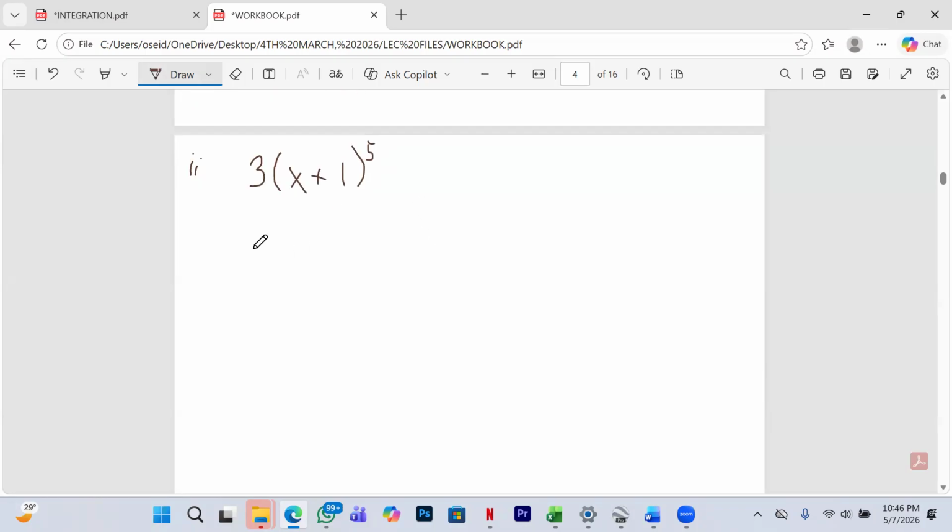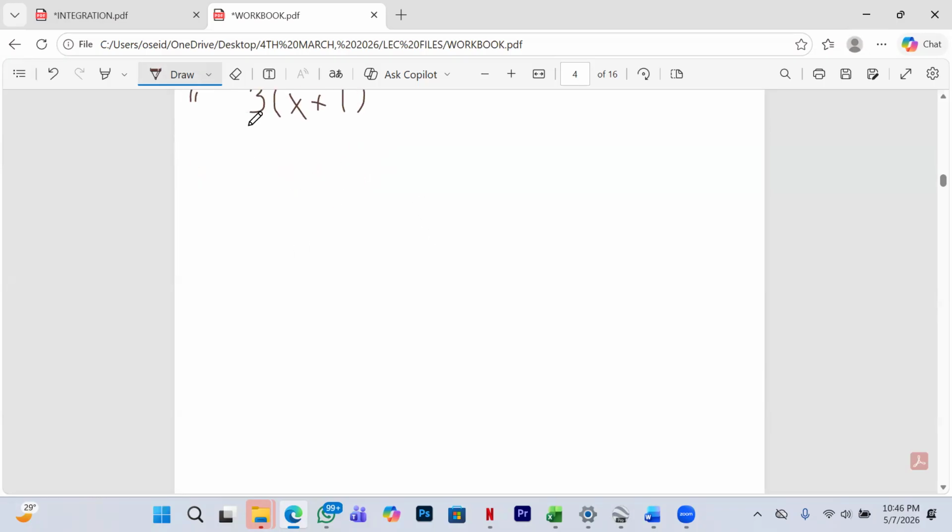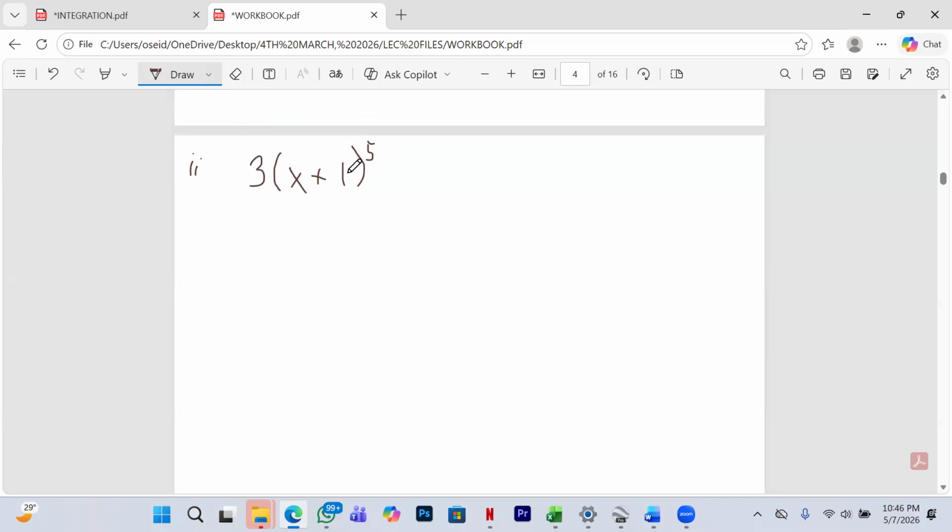So you see, if there is no integral sign like this, we say let y equal the integral of 3 bracket x plus 1 of exponent 5 dx.